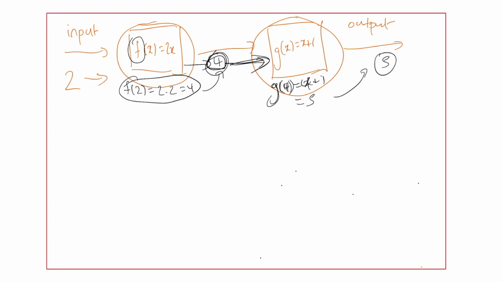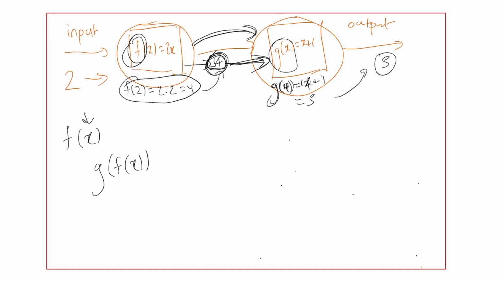So what are we doing here? Well, we could say in general, we're plugging a function, f, into another function, g. Normally, we would plug x into functions, right? But now we have g, and we're plugging f into g. Again, we took f, its output, and plugged it into g.